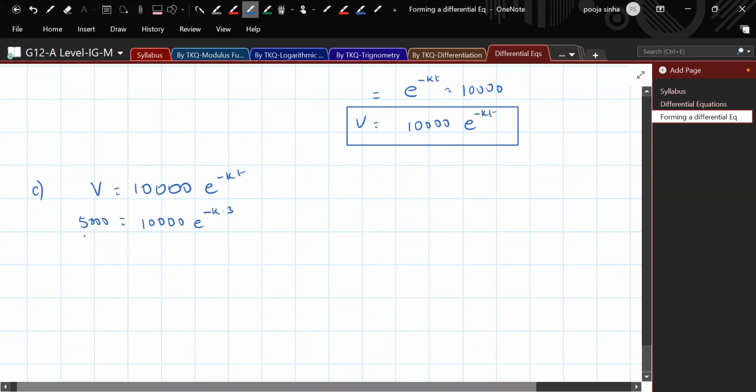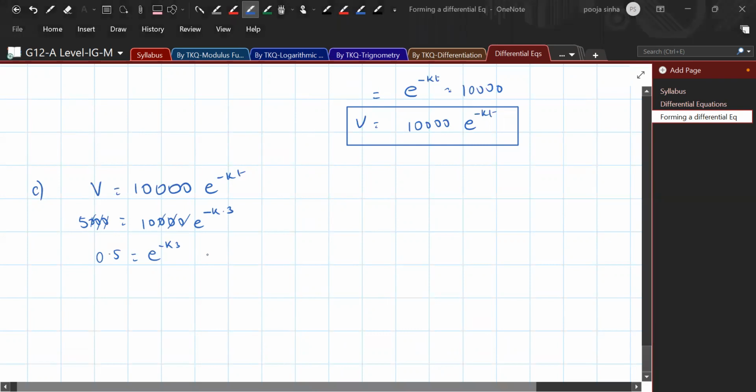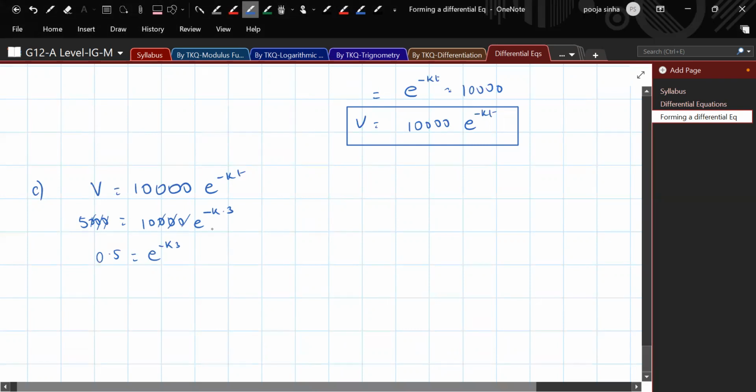The 5,000 and the 10,000 cancel to give 5 upon 10, which is 0.5, equals e raised to power minus 3k. This has to be solved using logs.